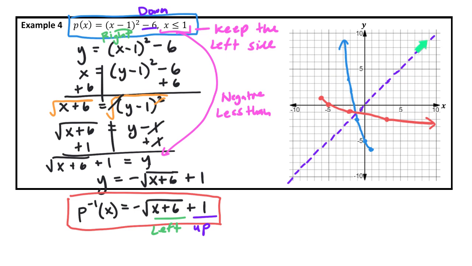So the reflection shows that the original and the inverse are true inverses of each other if we have a good reflection. And so this is why we should be able to figure out, am I going to put a positive or negative for the square roots based on the graph?